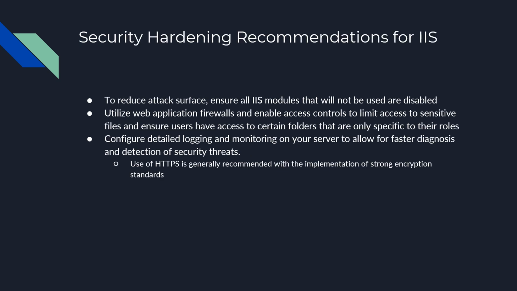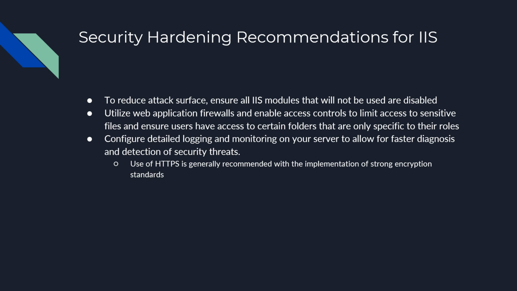Here are some security hardening recommendations for IIS. To reduce attack surface, ensure all IIS modules that will not be used are disabled. Utilize web application firewalls and enable access controls to limit access to sensitive files and ensure users have access to certain folders that are only specific to their roles.